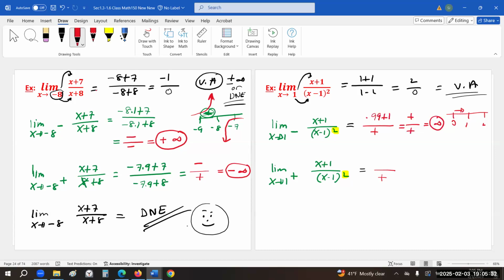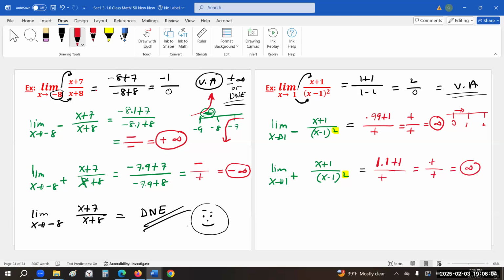Now you're picking a number from the right side of 1 for the right side of the limit. So let's say 1.1. 1.1 plus 1 gives us plus over plus, which is again infinity.